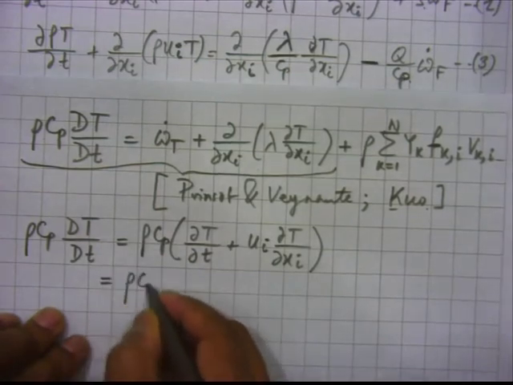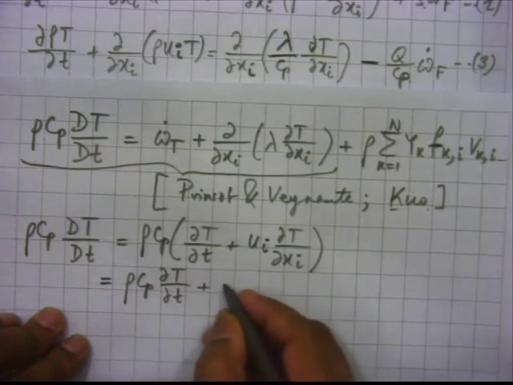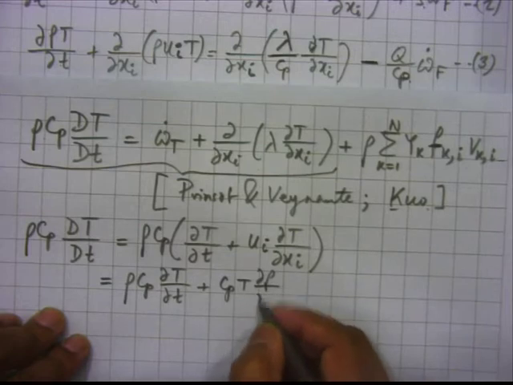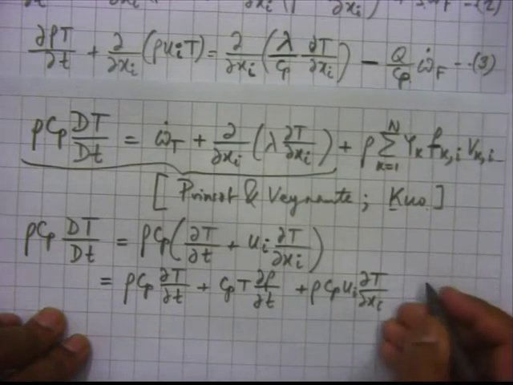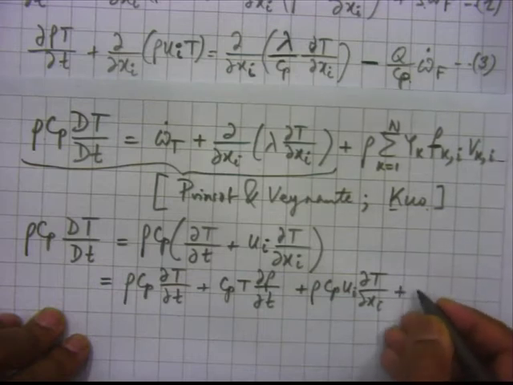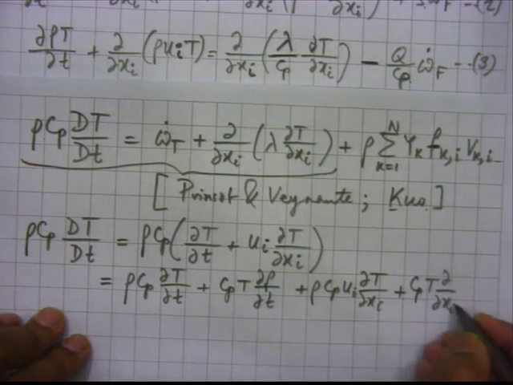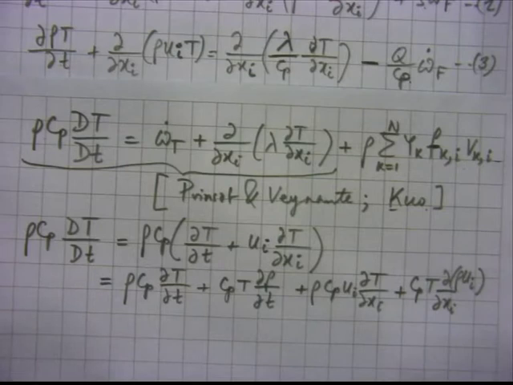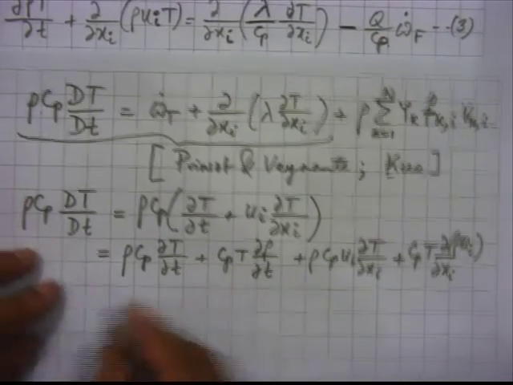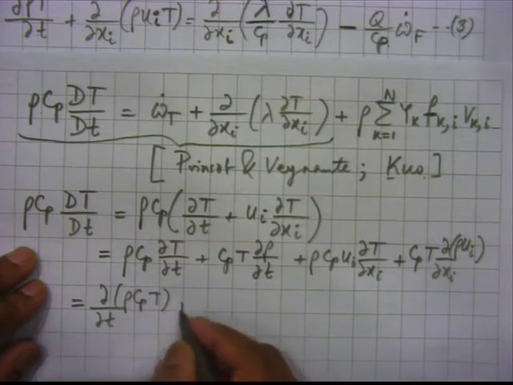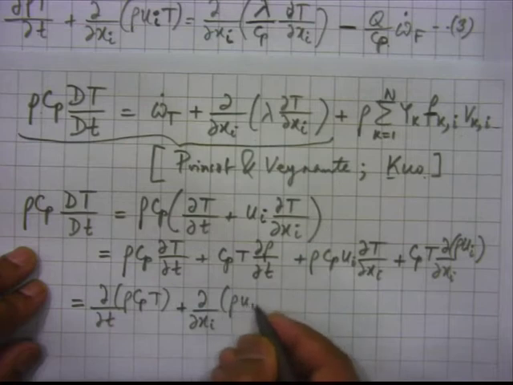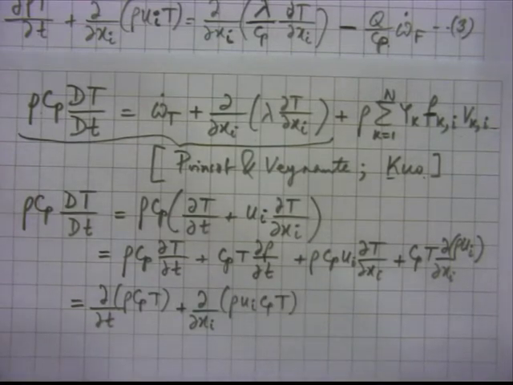So, that is also equal to, all right, and we can write this to be, we are assuming Cp to be equal and constant, not density.